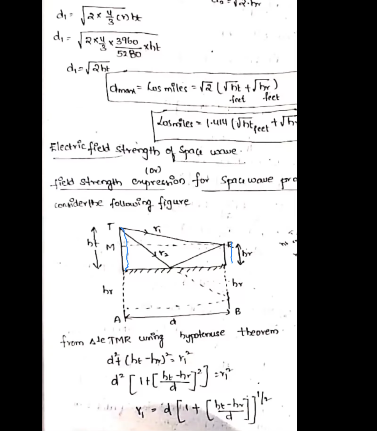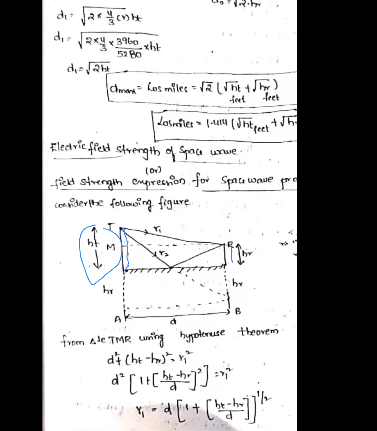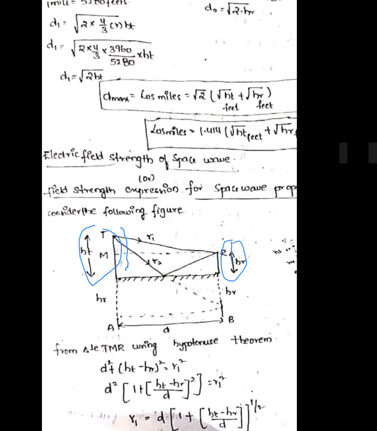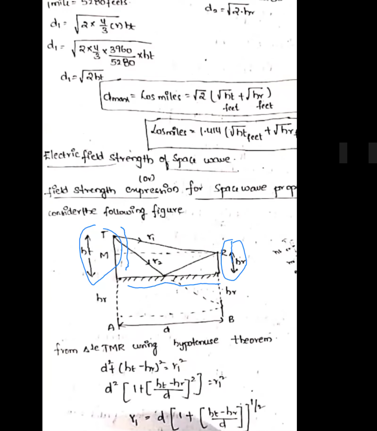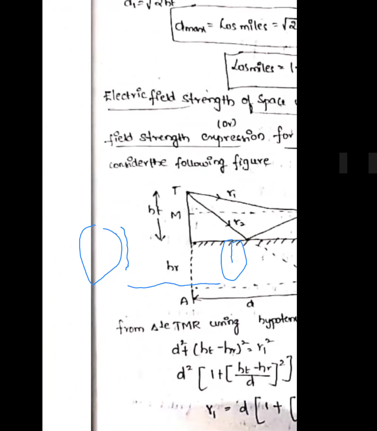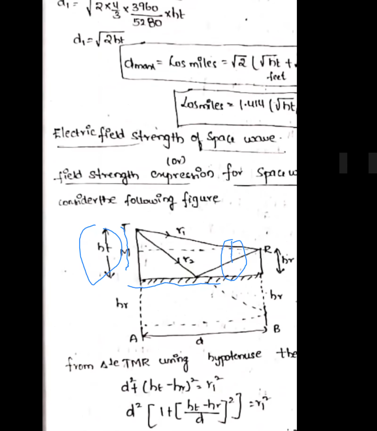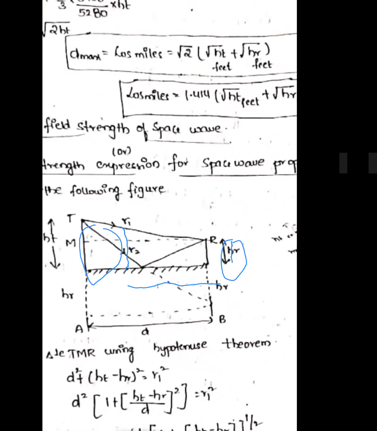Its height is ht, and the height of the receiver is hr. I repeat, this is ground. This is ht, which means the height of the transmitter, and this is the height of the receiver.